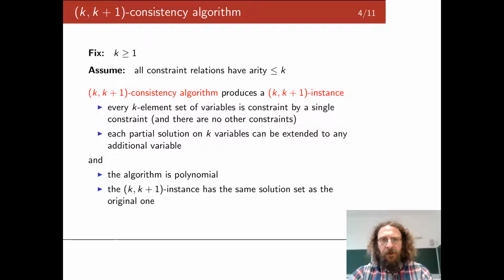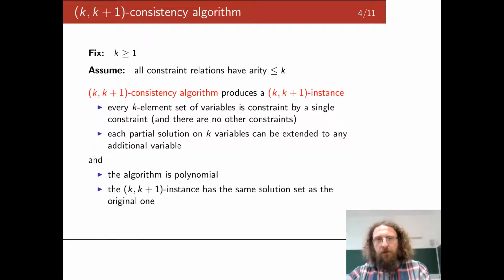First, every k-element set of variables is constrained by a single constraint, and there are no other constraints. And second, whenever I take a partial solution on k variables, I can extend it to any additional variable. Moreover, we want the algorithm to work in polynomial time, and we don't want to change the set of solutions.